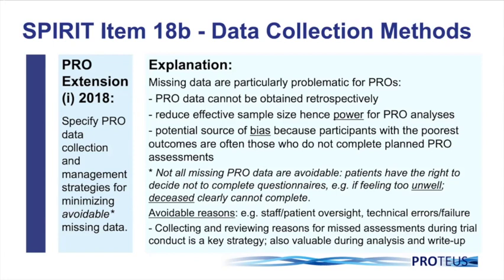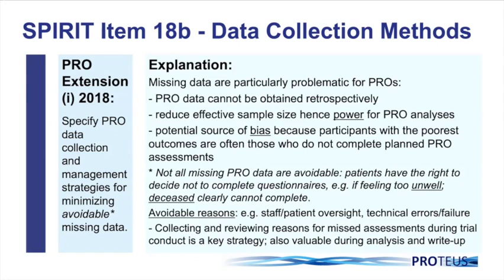Second, missing data reduce the effective sample size and hence power for the PRO analyses. And third, and perhaps most importantly, they are a potential source of bias because it's the patients with the poorest outcomes that are often those who do not complete the planned PRO assessments.